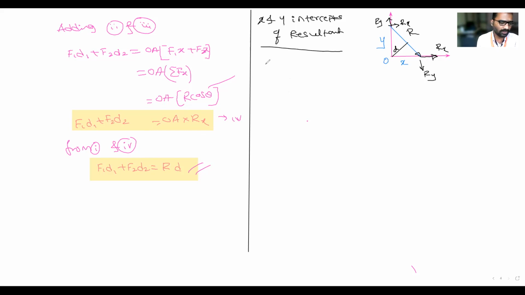Let Rx is equal to sigma fx and Ry is equal to sigma fy, be the components of the resultant in x and y direction.